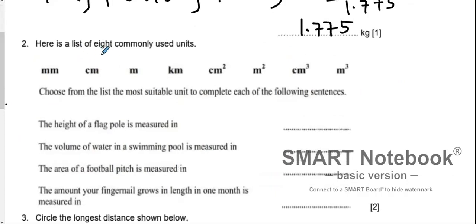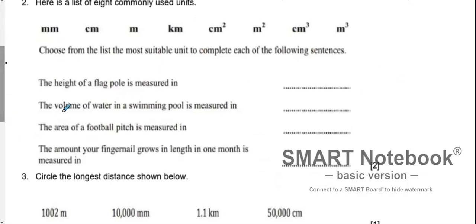Here is a list of 8 commonly used units. We have millimeter, centimeter, and so on. Now, this is choosing suitable units. We are supposed to choose from the list the most suitable units. The height of a flagpole is measured in meters. So you just choose meter there.